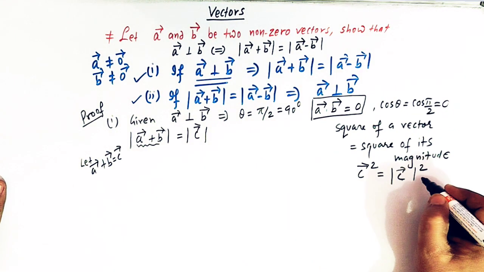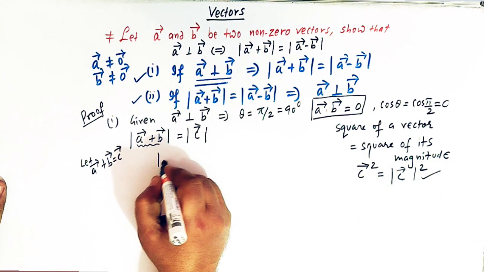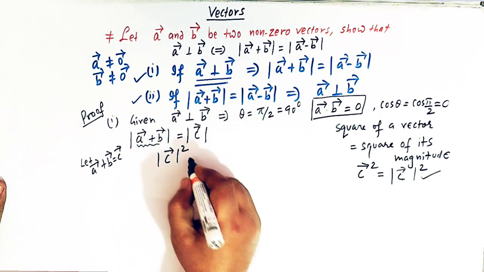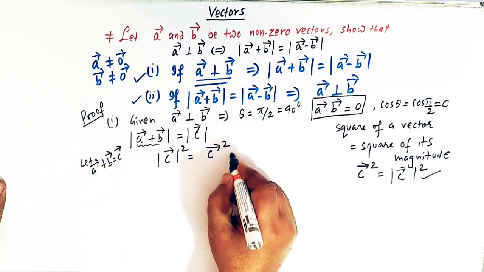So from this result, the square of the magnitude of vector C must be equal to the square of the vector C, right?